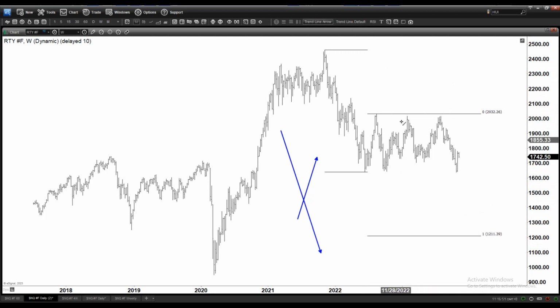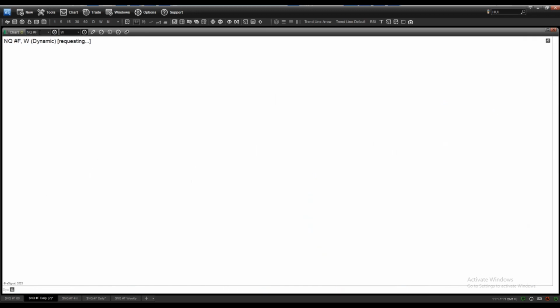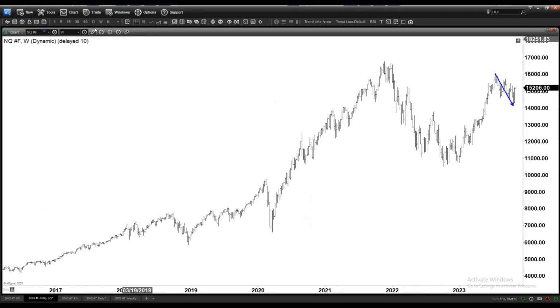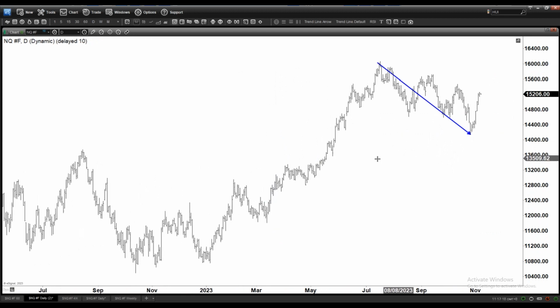technically, unless there is some complex correction, the rally in the Russell and also the rally in the Nasdaq and everyone else should fail below here, the last peak, which is this July 31st, right? So again, going back to the Nasdaq, if I go down to the daily time frame, this peak here is July 18, July 19 in the Nasdaq.